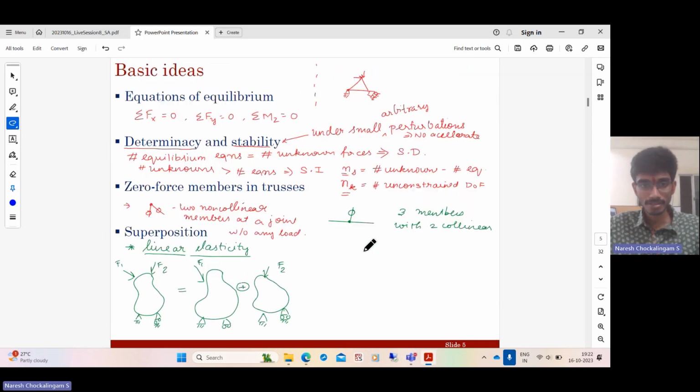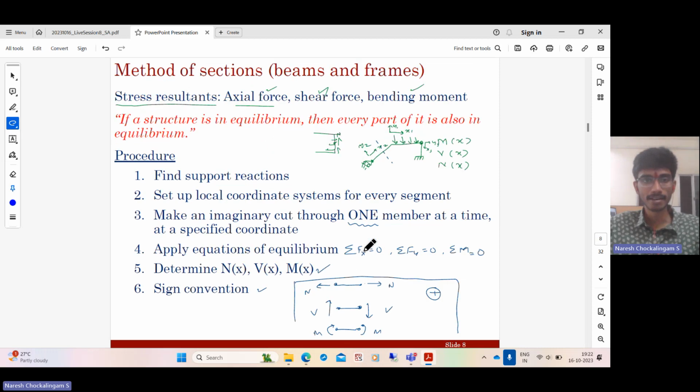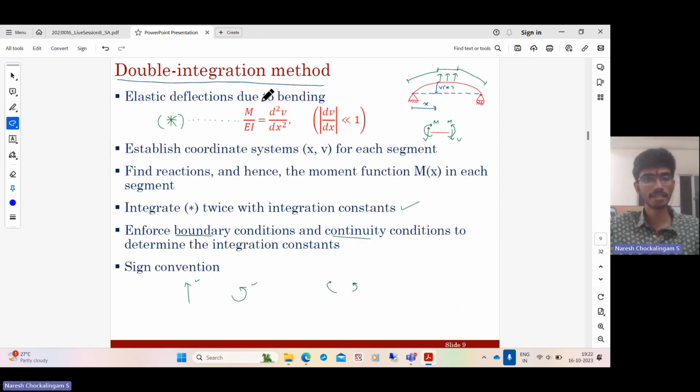And once that is determined, then getting the deflection is a straightforward integration. So this just has to be integrated to get the deflections. And this integration would result in two constants of integration, and those are to be determined by enforcing the boundary conditions.